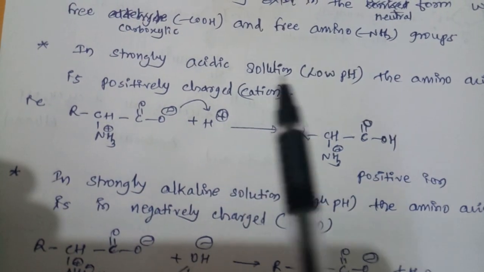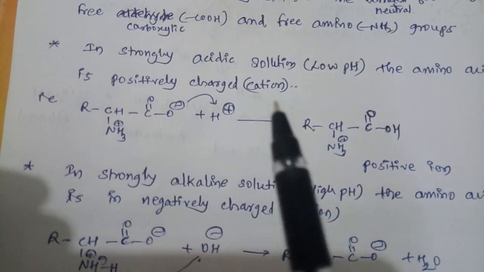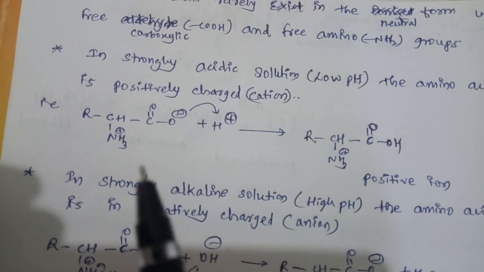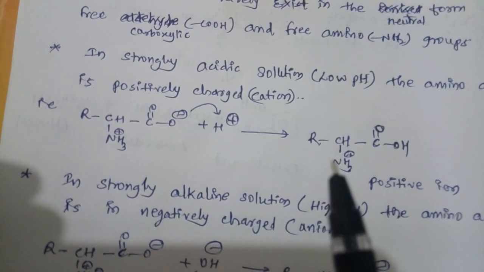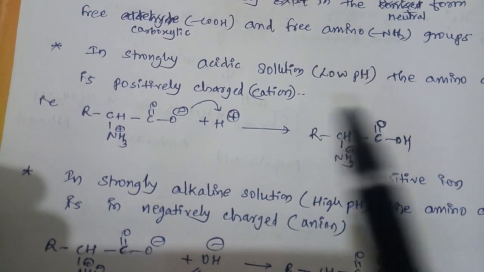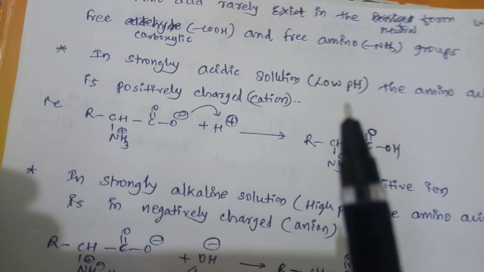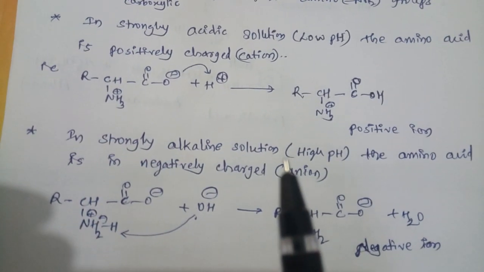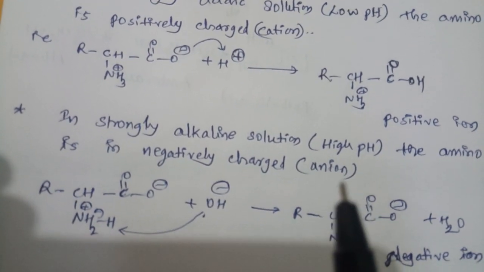In a strongly acidic solution, means at low pH, the amino acid is positively charged. In the strongly acidic solution, this O minus will attract an H plus ion, and it becomes a positively charged ion. In a strongly alkaline solution, means at high pH, the amino acid is negatively charged.